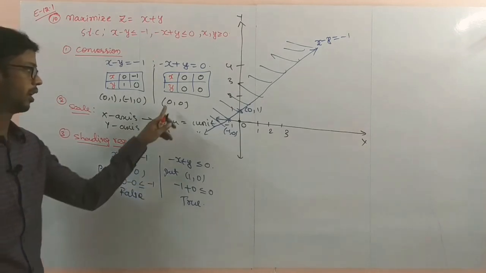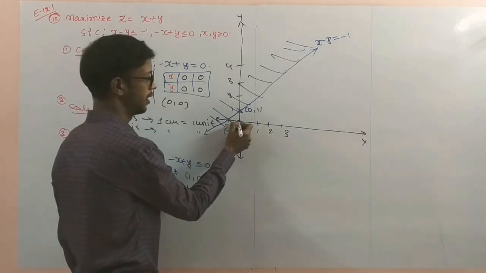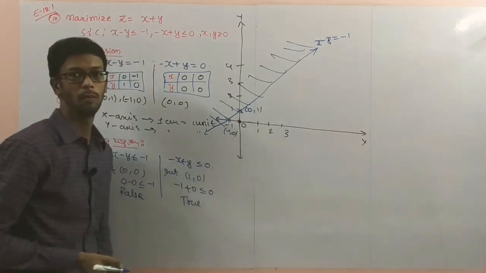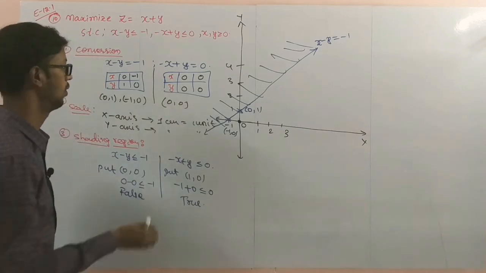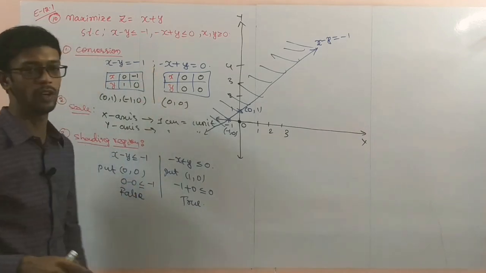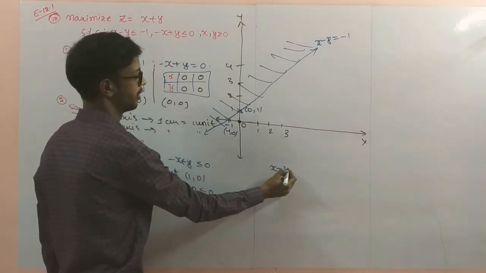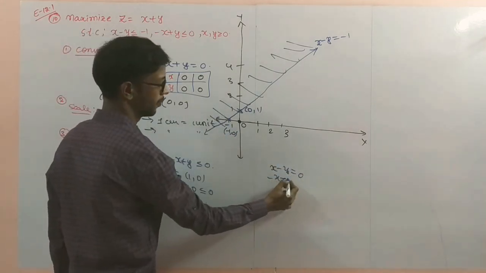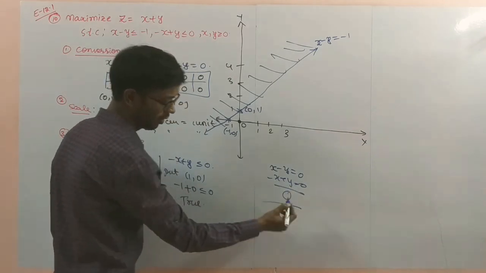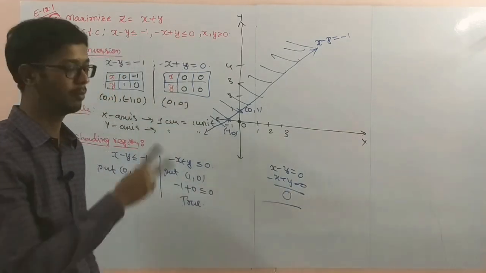Next one, 0, 0. Passing through 0, 0. If we solve these two equations, you observe 0, 0. If you are solving, total will be 0. There is no common point between the two lines.